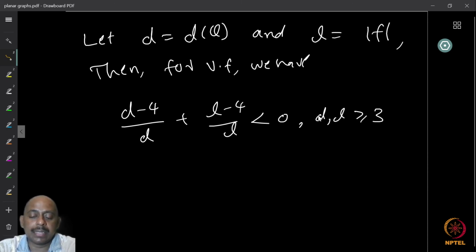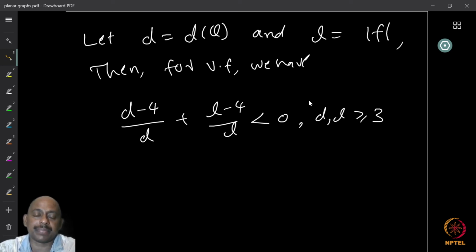But we know that the degree of any vertex is at least 3, because by assumption the class has minimum degree 3. And the length of any face is of course at least 3, because faces are all cycles, and the boundary will have at least 3 edges. So therefore D and L are at least 3, right? So we have this inequality.